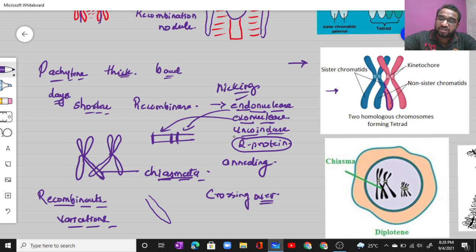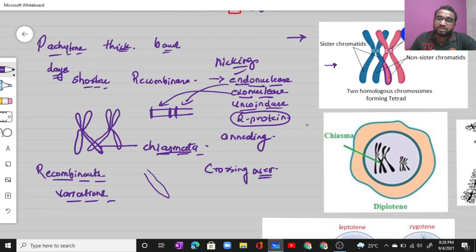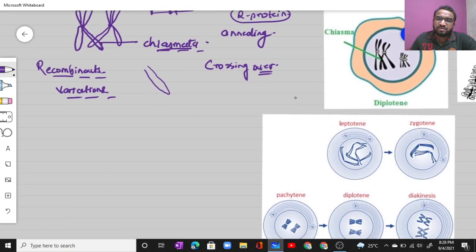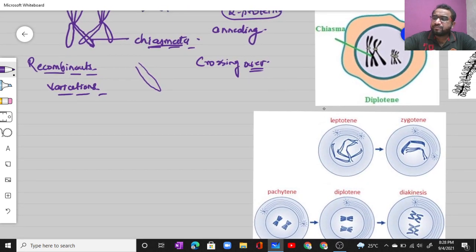Now the second last stage that we will discuss is the diplotene stage. Now the diplotene stage has very few points in it. You can see in the diplotene stage, the crossing over has finally been done, the recombination has finally been done, it is successful.